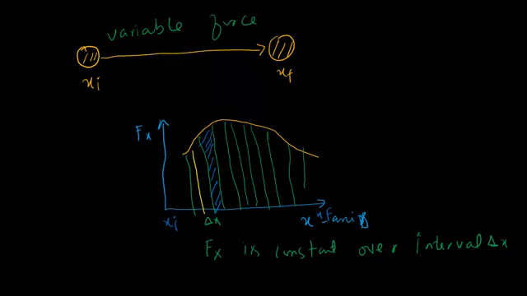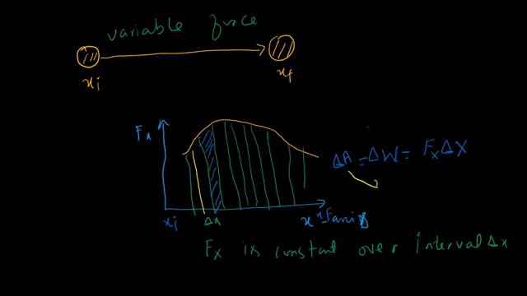So the small work done over this displacement delta x will be delta W equal to Fx delta x, that is the small component of displacement, and this will be equal to delta A. Now what is delta A?